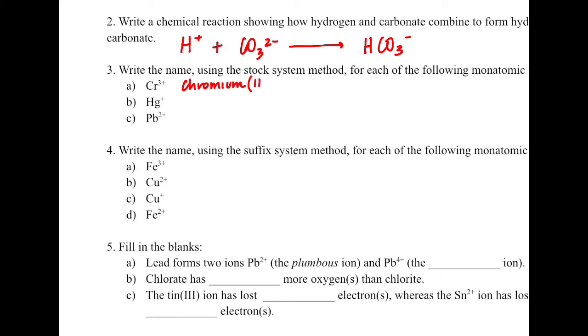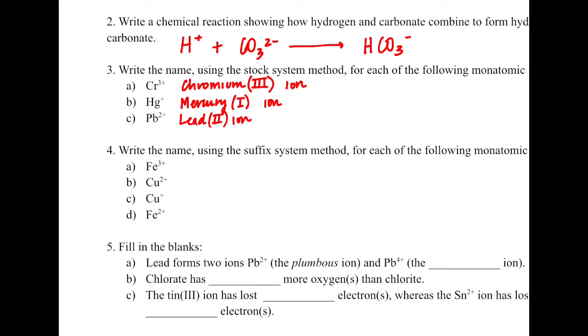And we do a Roman numeral of the charge on that ion. So this is the chromium(III) ion. Hg is mercury. So we write mercury(I) ion. And then Pb is lead. So we have the lead(II) ion. Very simple. So there should be a space here between all of the ions, but you get the point.